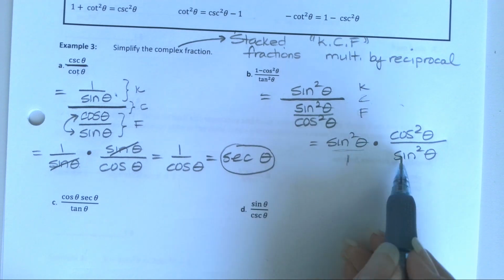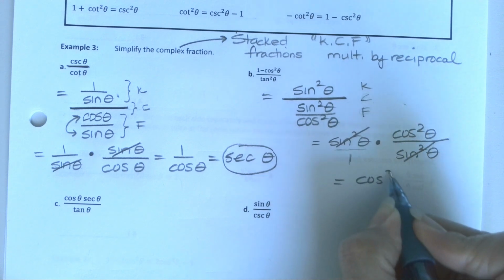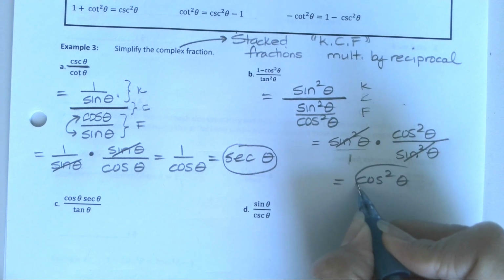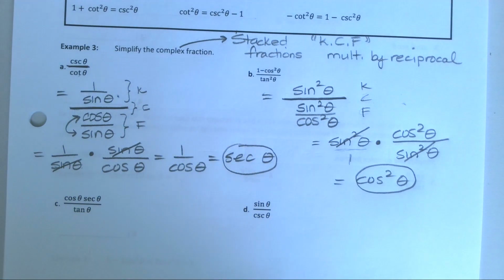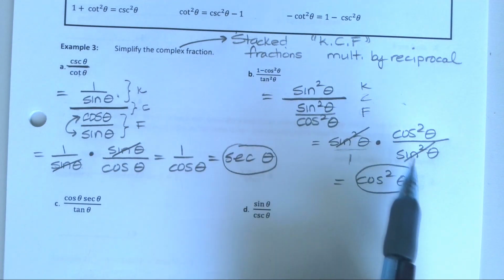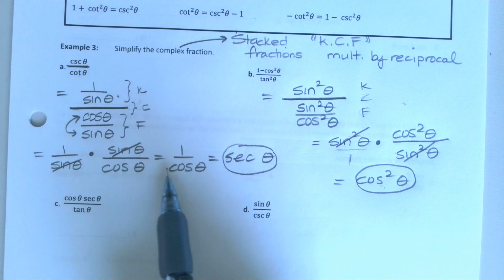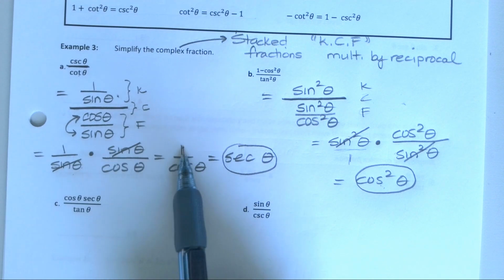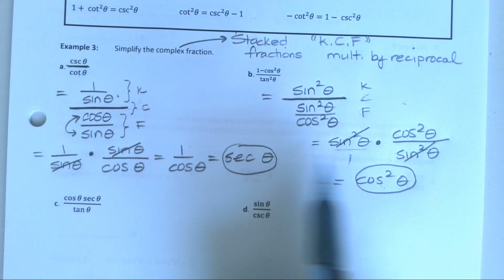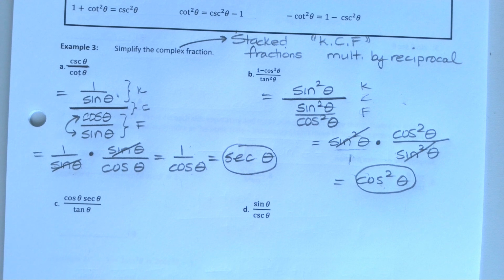So we have a numerator and a denominator. So our final answer is cosine squared. Okay. So notice the difference. If you cancel here, you had a cosine squared over 1, so it's just cosine squared. But over here, this one canceled like this, and the 1 was on top. So 1 over cosine is secant. So make sure you see the difference between the two. Okay?